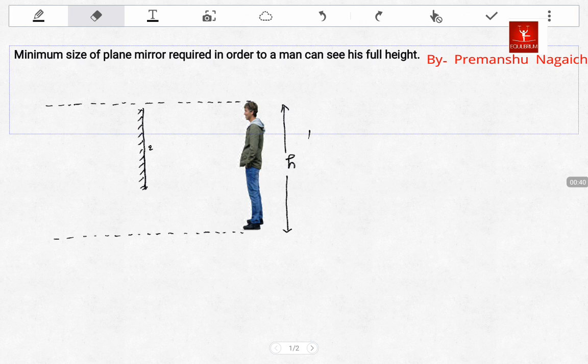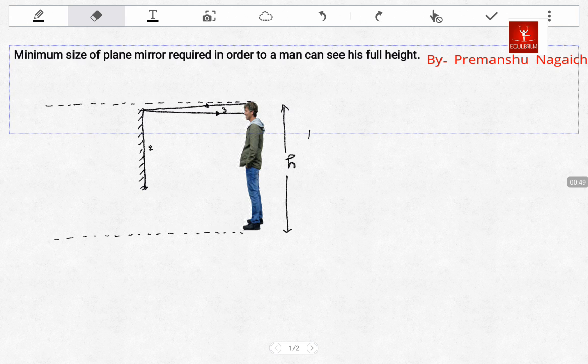First of all, we will see that from this top point a ray of light travels to the mirror and reflects back to his eyes. This is the way he sees his head in this mirror. So we draw the lines. Here it is.